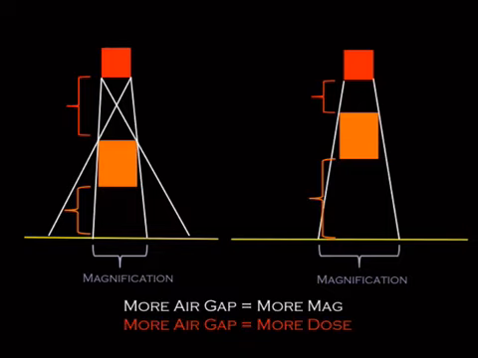So an increase in air gap will increase the magnification. And if you increase the air gap, you're also going to increase the dose, because the automatic exposure control is going to ramp up to compensate for fewer photons hitting the detector. So it's basically the same thing as the grid.